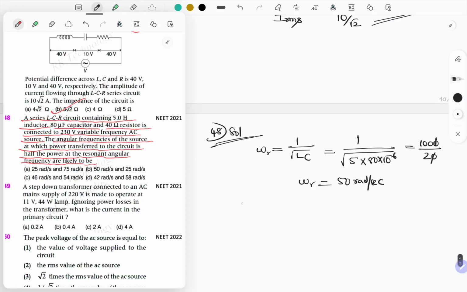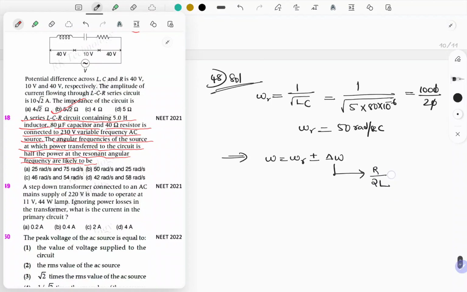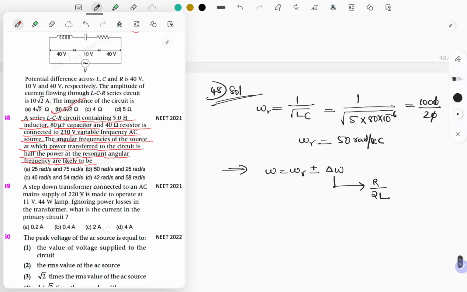And the half power angular frequencies are omega equal to omega r plus or minus delta omega, where delta omega is the change in frequency. The formula for change in frequency is R by 2L. Then omega is equal to omega r plus delta omega once, and omega r minus delta omega.